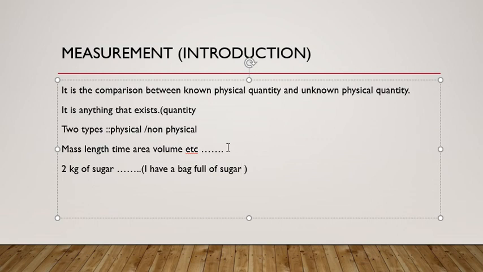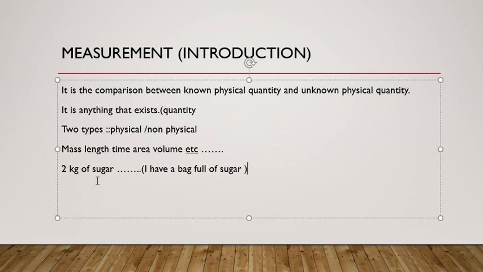It means I can measure this amount of sugar. It is measurable, it means it is a physical quantity. But I don't have any idea how much kg it is. It means it is unknown but a physical quantity. So it will refer to an unknown physical quantity.